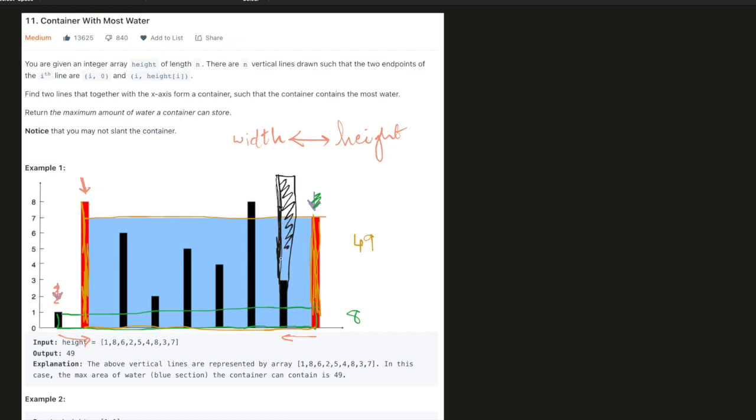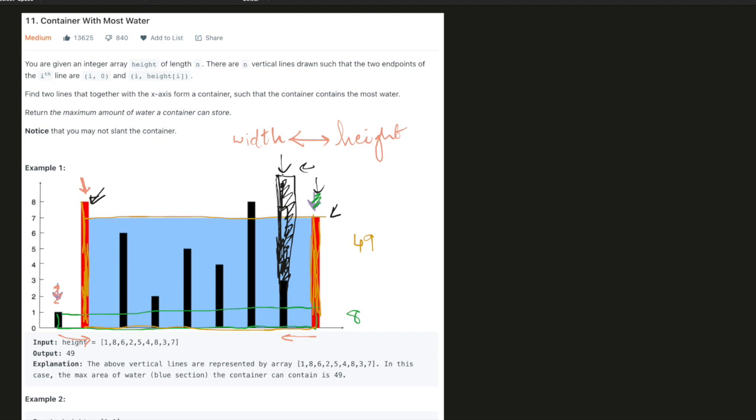In this case, it would again make sense to move our right pointer here. And once we do that, we're gaining in height because initially the amount of water that was in our container was constrained by this bar, but now it's no longer constrained by that because it's no longer the shorter bar, but it's constrained by this one.